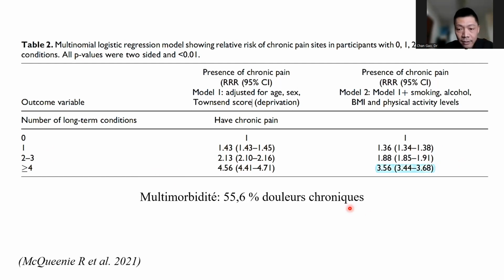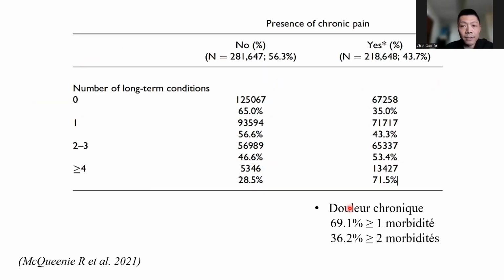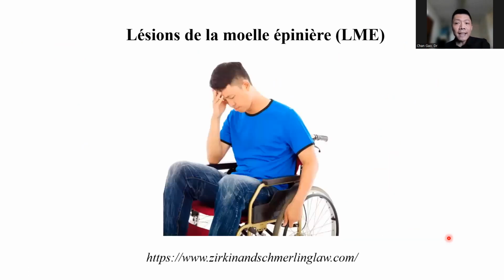In this study, among those with multimorbidity, 55% reported chronic pain. Of the participants with chronic pain, about 70% reported having one or more long-term comorbidities, and 36% reported having two or more. The data presented in previous slides were extracted from the general population.